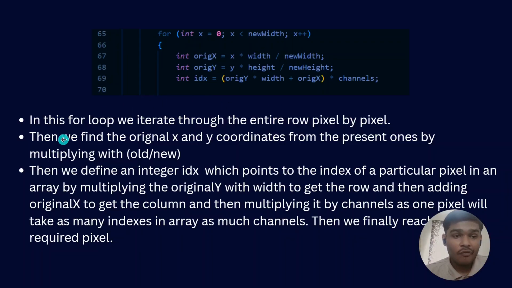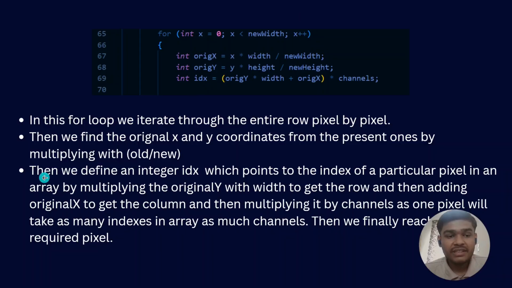We need to find the original x and y coordinates from the present ones by multiplying with old divided by new, because we have modified the height and width according to the terminal size. So the coordinates become different from the original ones, which are stored in the array.